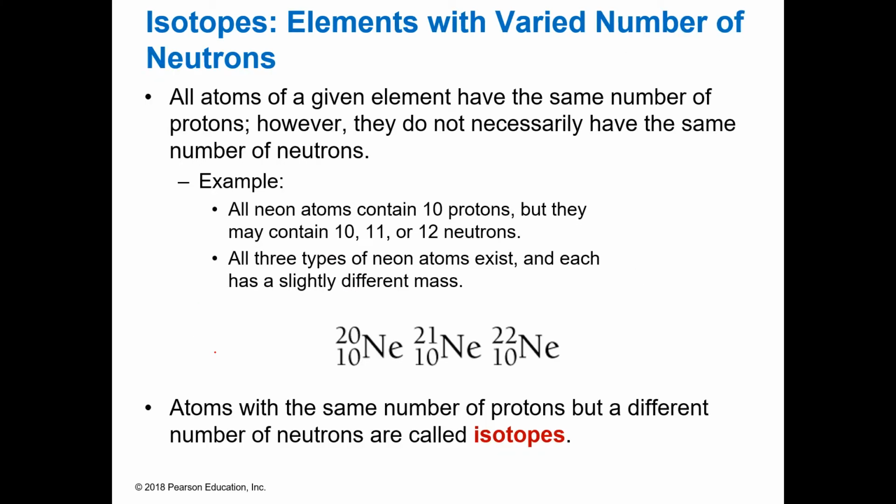Our atoms, although a neon atom will always have the same atomic number, if you look at a periodic table, the atomic number for neon is 10. That doesn't mean they're always going to have the same mass number. Okay, so before I get into that, if you look at a periodic table, I'm going to pretend I have neon here. I'm going to draw this. So neon has an atomic number of 10.